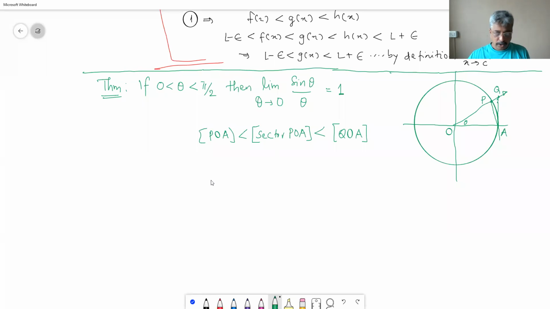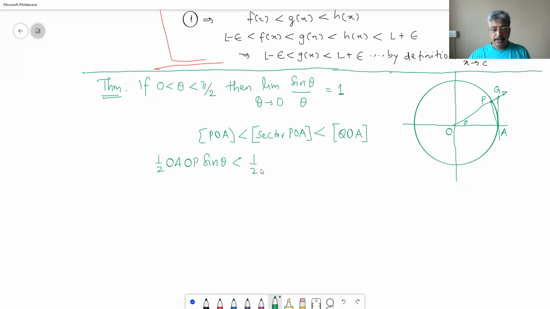Okay, so area of triangle POA, if I want to write it down, then it is half OA OP sine theta, which is going to be less than the area of the sector, which is half r square theta.